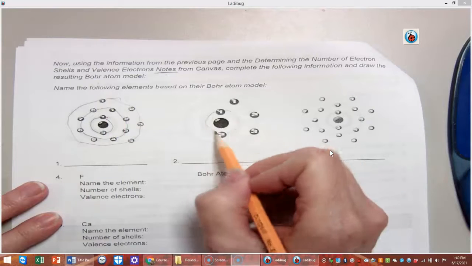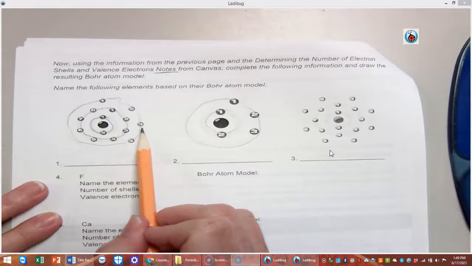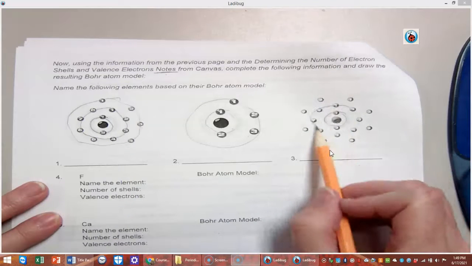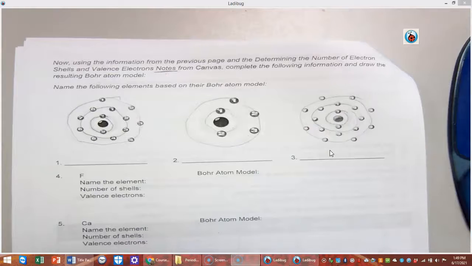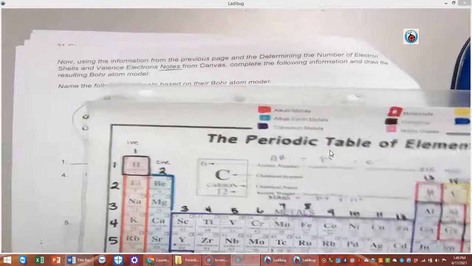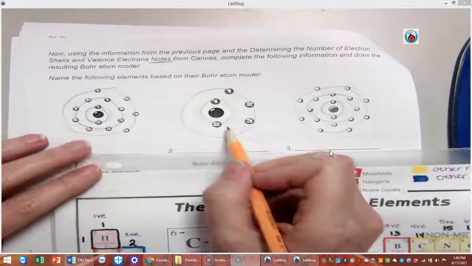Okay. So like on this first one, I've got 1, 2, 3 shells. This one has 2. And then if we can see this, we've got 1, 2, 3. So looking at our periodic table, we can find the element because, for example, let's look at this one.